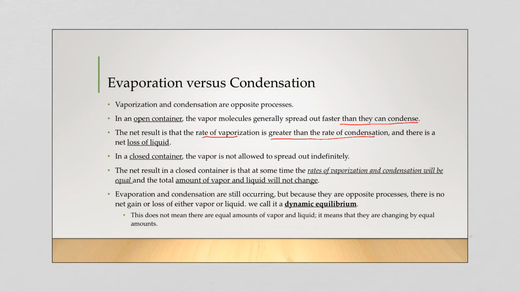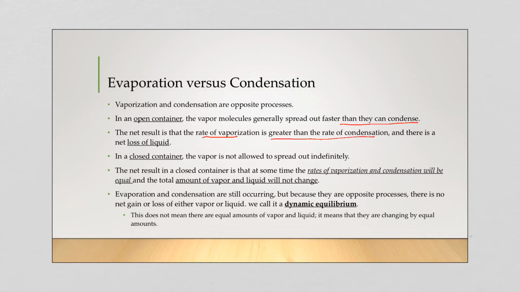But if we have a closed container and the vapor isn't allowed to spread out, and so it stays above the liquid, you initially will get a lot of vaporization, but at some point the rate of vaporization and condensation will become equal to each other.